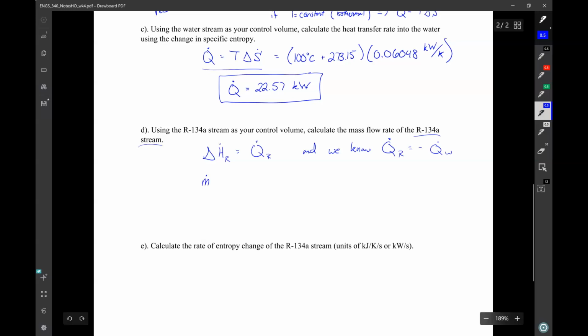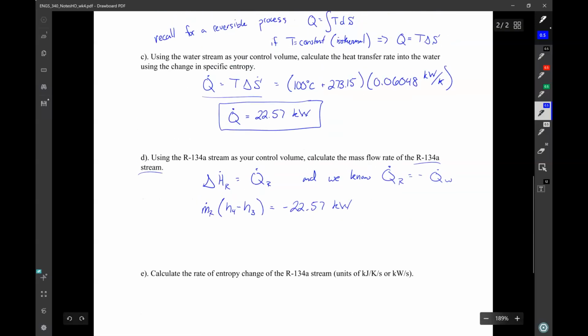So again, if we put some numbers to this, the mass flow rate of our refrigerant times (H4 minus H3) equals minus 22.57 kilowatts, which is minus, I guess I should put some subscripts up here. So this is Q_W. This is just minus Q_W. We can put our values in for H3 and H4.